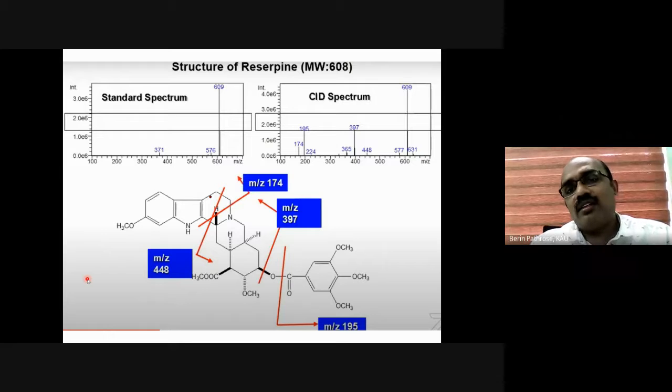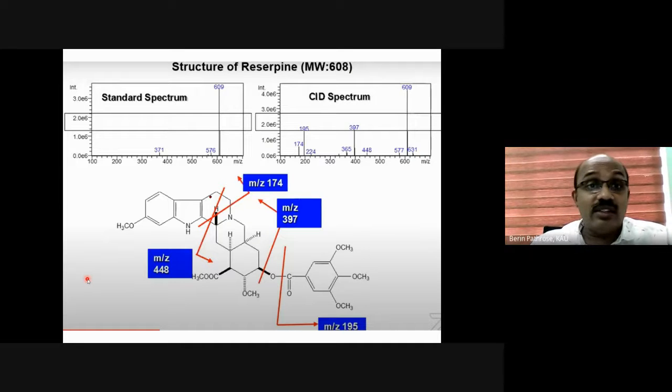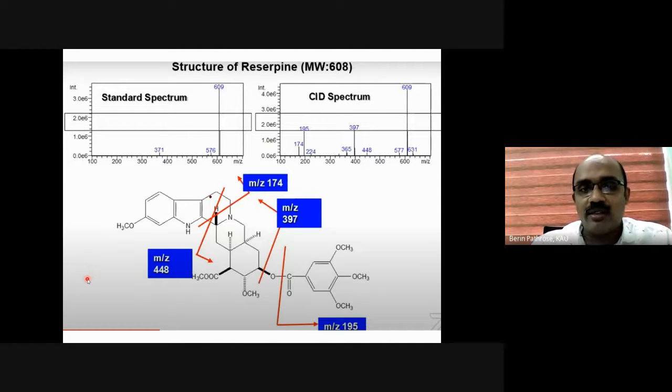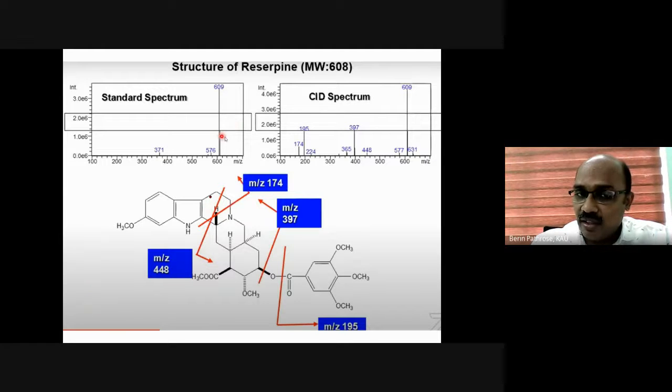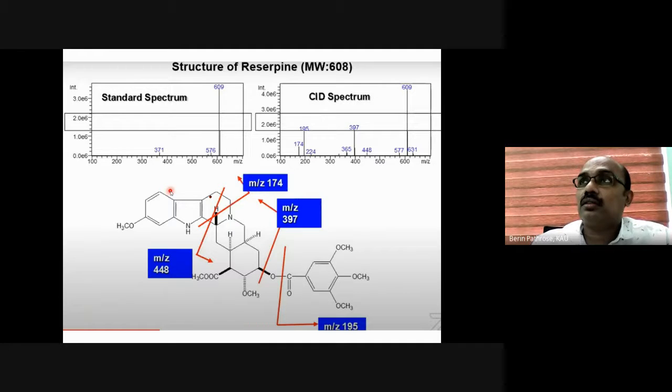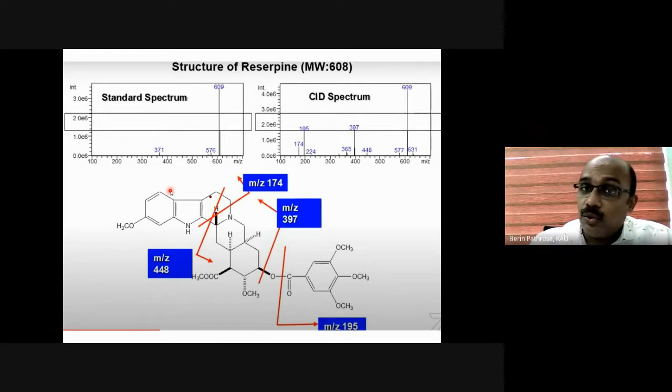The 608 molecule, actually this is a positively charged one. Positively charged means one proton is added into it, so because of that the molecular weight it detects is 609.